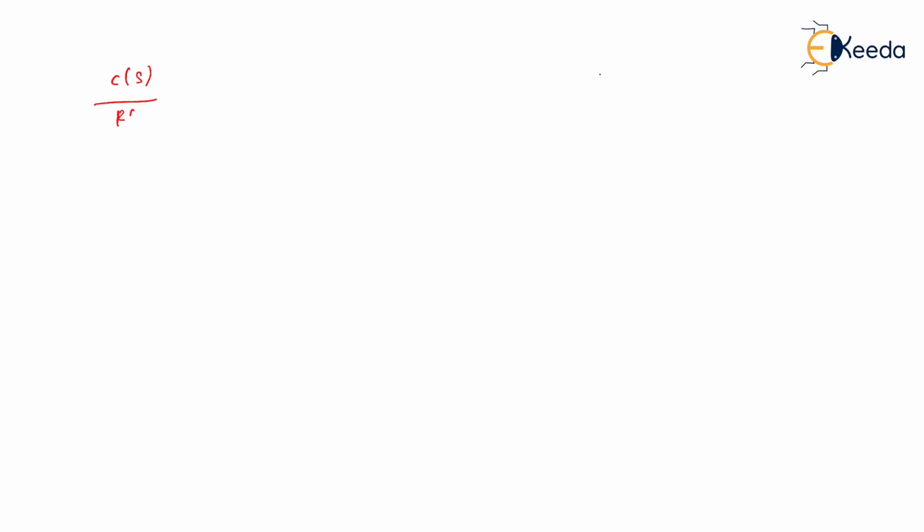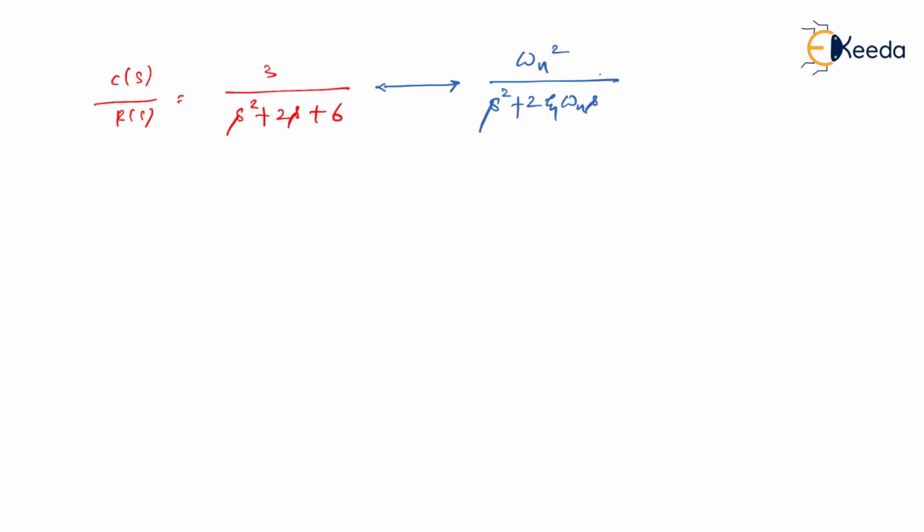So c of s upon r of s, what you will get is 3 upon s square plus 2s plus 6. Am I right? So let us compare this with the standard transfer function for second order, omega n square upon s square plus 2 zeta omega n s plus omega n square. Now, if you compare this, you'll get the value of omega n, zeta and so on.